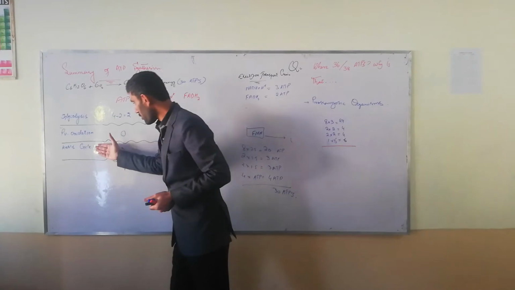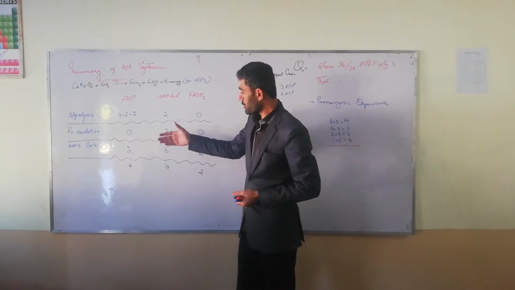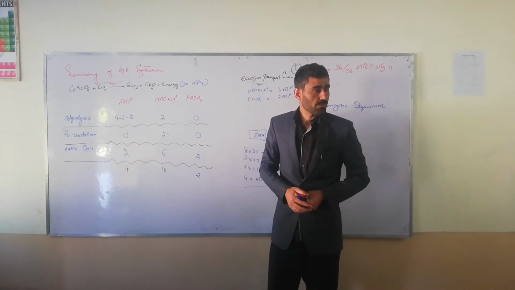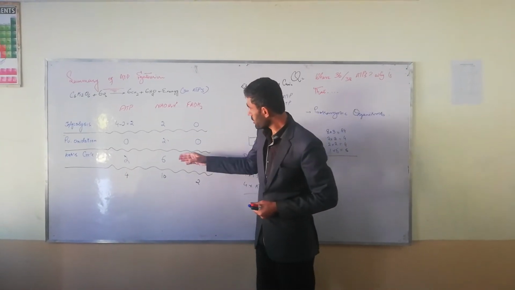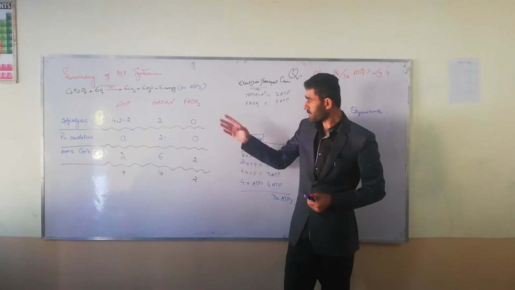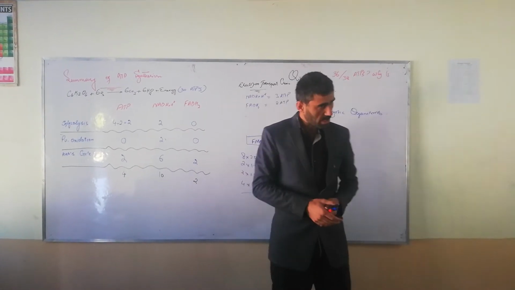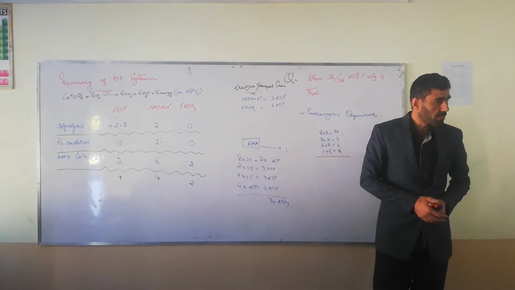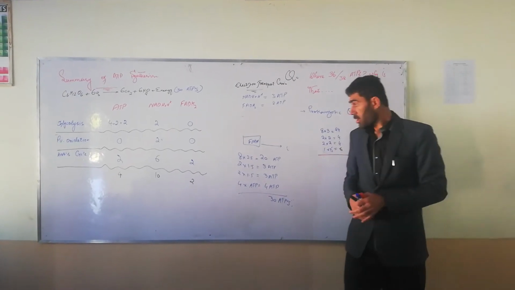The third one is your Krebs cycle, and during the Krebs cycle, 2 ATP are formed, while 6 NADH plus H plus and 2 FADH2 will be found over there.